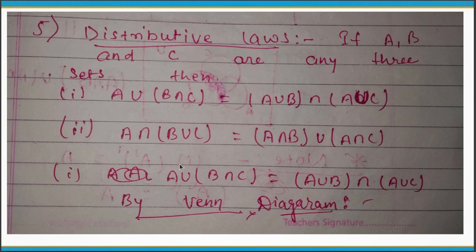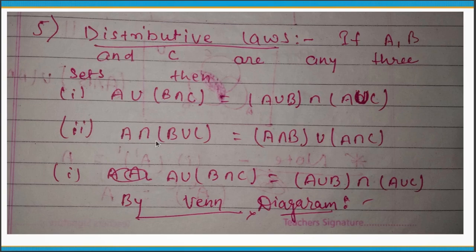Similarly for intersection, A intersection (B union C) equals (A intersection B) union (A intersection C).